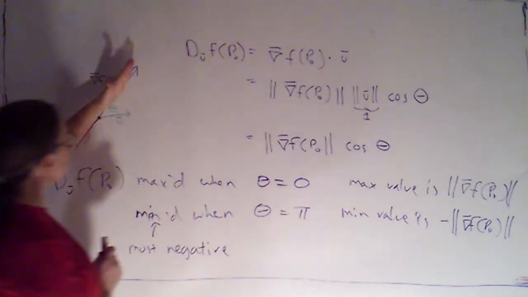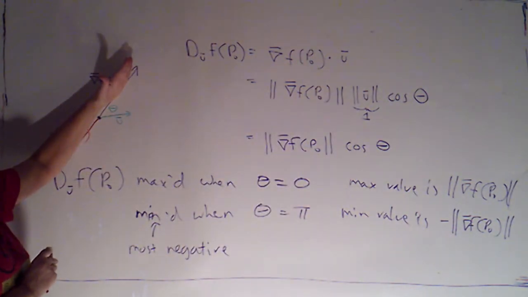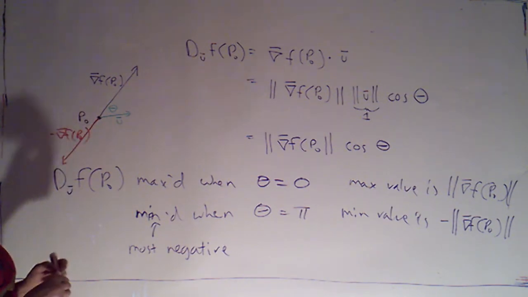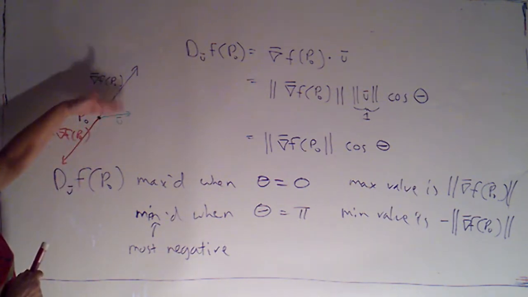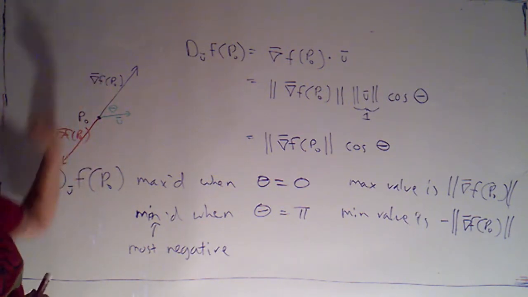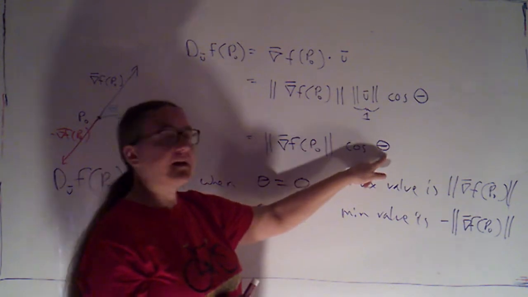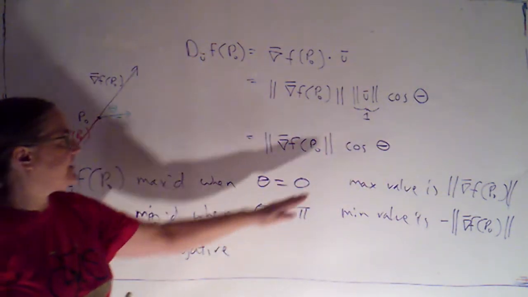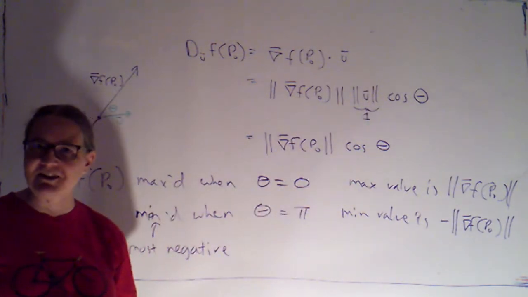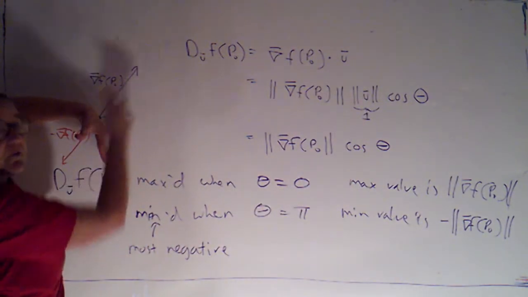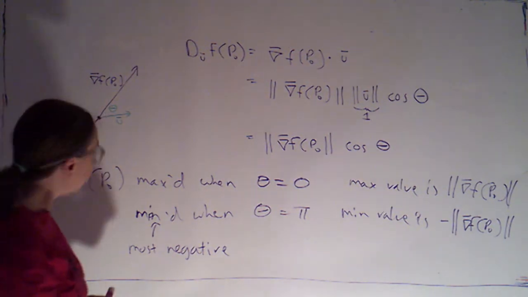So if we're going in this direction, our directional derivative is maximized. If we're going in the opposite direction, the directional derivative is minimized. And somewhere in between, it takes on its intermediate values. I can actually see that if theta is an acute angle, I'm going to have a positive directional derivative. As soon as theta becomes an obtuse angle, so I'm making an obtuse angle with the gradient, we're going to have a negative directional derivative.